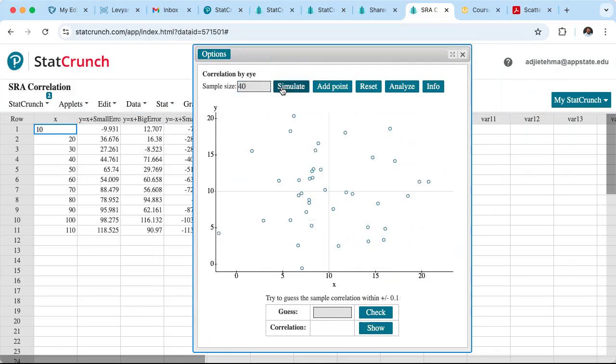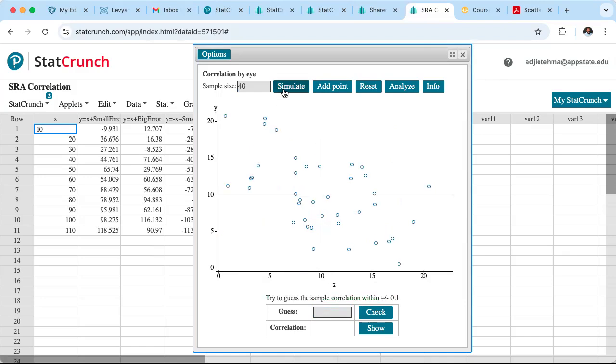And then I hit simulate. So when you look at this one here, what do you think should be the correlation coefficient? Can somebody guess? So I should put 0.1. Okay, let's see. Oh, it allows plus or minus 0.1. Is that okay? So your guess is good.